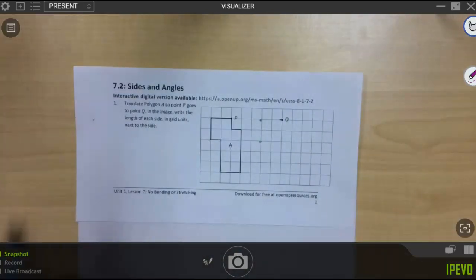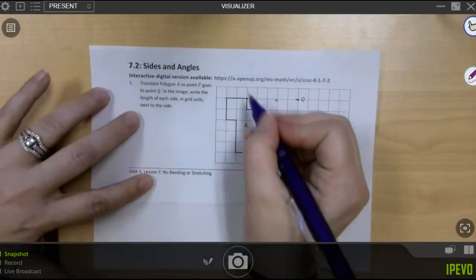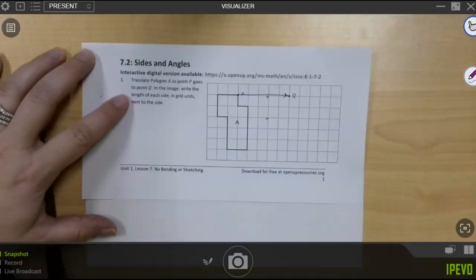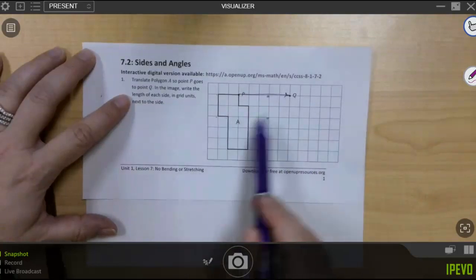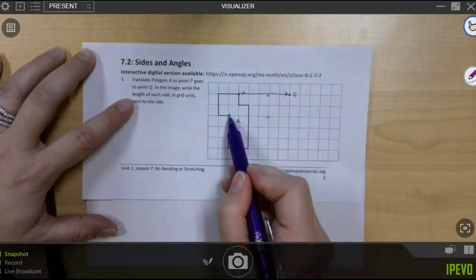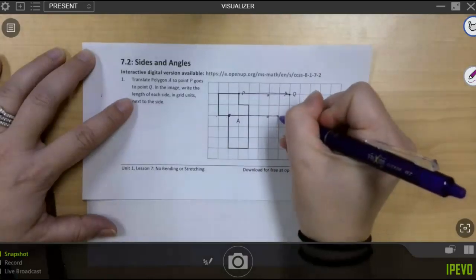Another way, without tracing paper, because translations are easy to do without tracing paper, you can see, remember our vector, P is going to Q. In other words, we're using that vector to show it's going to the right 5 spaces. So for these other ones that I didn't poke the holes through, I know that this right here is going to go over to the right 5 spaces. 1, 2, 3, 4, 5, and there's going to be a new point there.